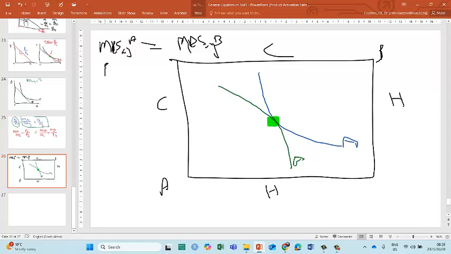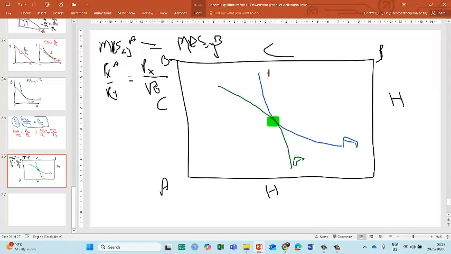So in that case, the relative prices of x and y for person A are also equal to the relative prices of x and y for person B. So therefore, the relative price relationship between A and B is also exactly the same at this specific point.